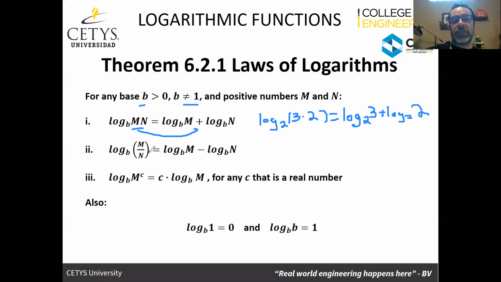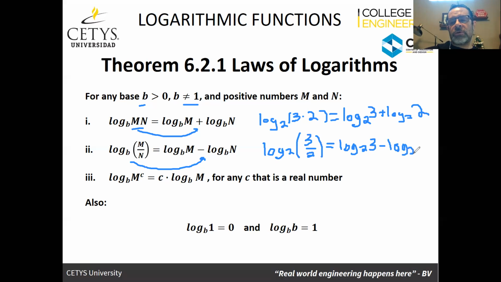So if I have a division, the division is going to generate a subtraction. And again, that's a relationship with the exponent. So if, for example, I were to have log base 2 of 3 divided by 2, then it would be log base 2 of 3 minus log base 2 of 2.